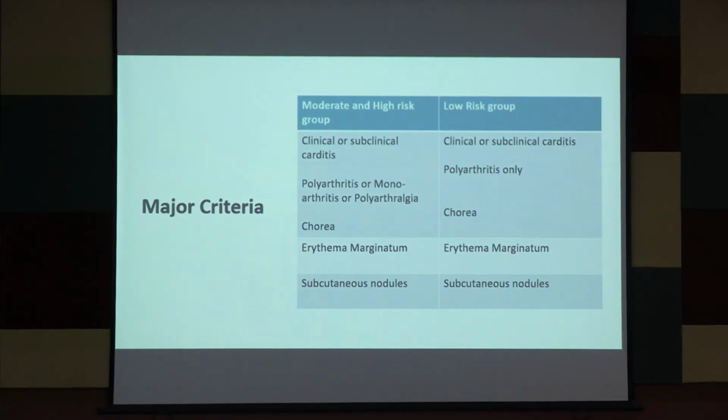So in case of rheumatic carditis or chorea only, even if other features are not present, you should stamp it as acute rheumatic fever. This is an exception to the rule. In all other cases you should follow the criteria, except for chorea and subcutaneous nodules. And nowadays erythema marginatum is not seen commonly here, but in other countries it is common and they can detect it.